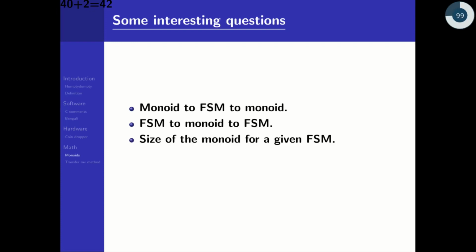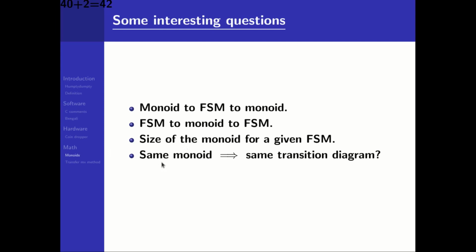Or I can ask, suppose I have a finite state machine and I want to know the size of the monoid or some structural behavior of the monoid. So these are all interesting questions. Here is another one. Suppose I have two finite state machines that give rise to the same monoid. Does this mean that they have the same transition diagram?